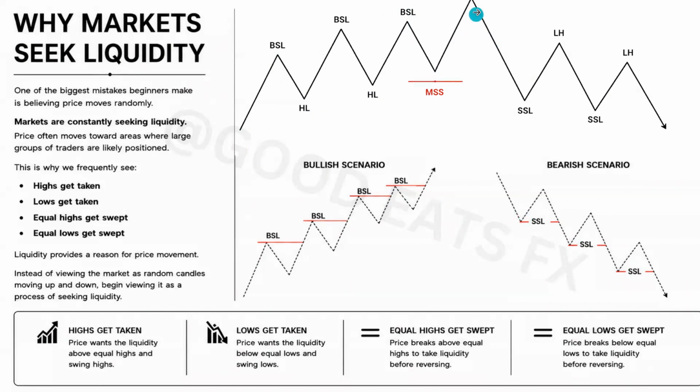So that is our reversal, bearish structure shift, right? Now we're seeking lows, and the highs are getting lower and the lows are getting lower. So this is combining our structure shift with liquidity. You can see the market was seeking highs for buy side and then it shifted to a bearish trend, and now we were seeking lows.